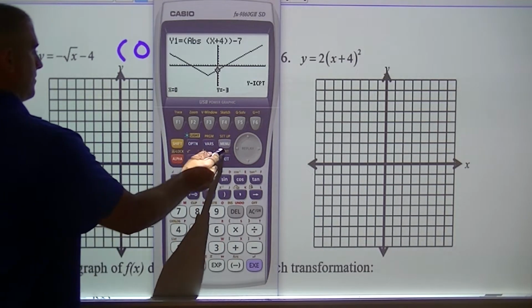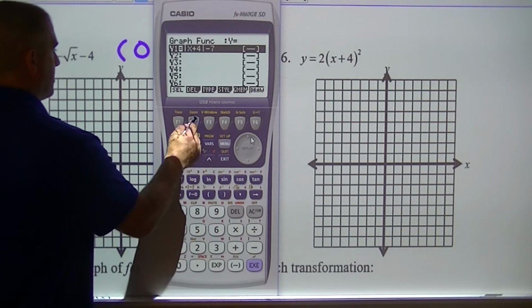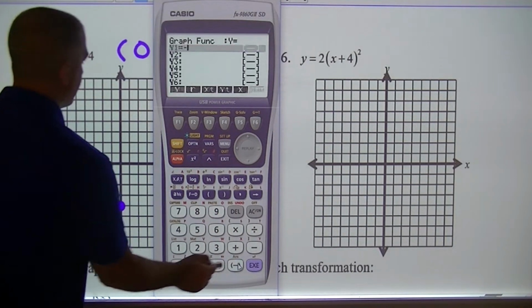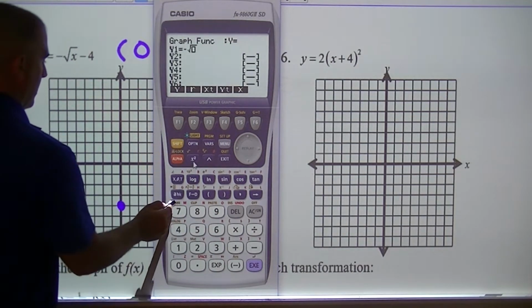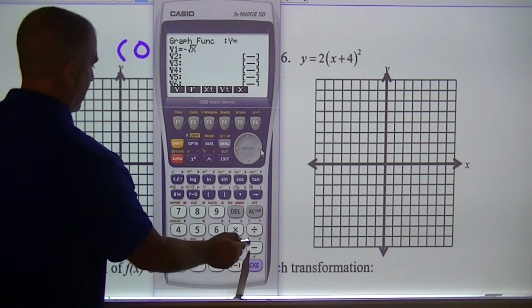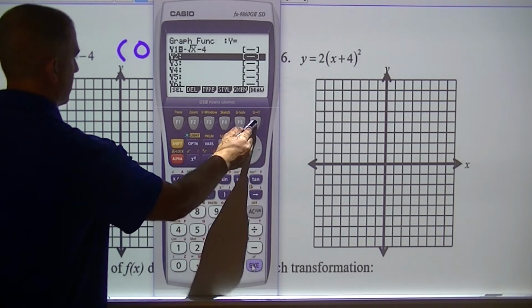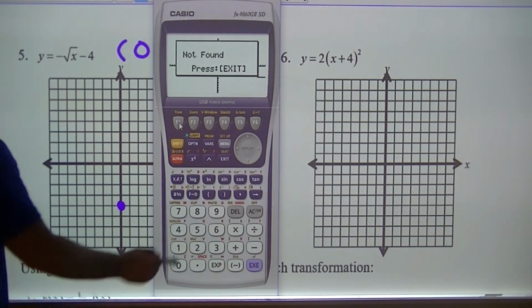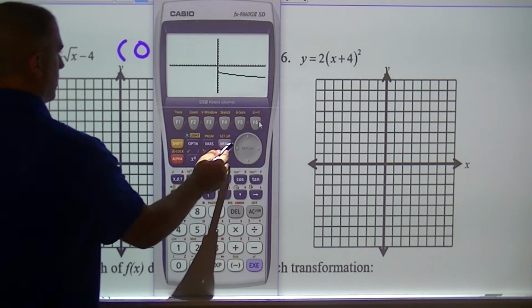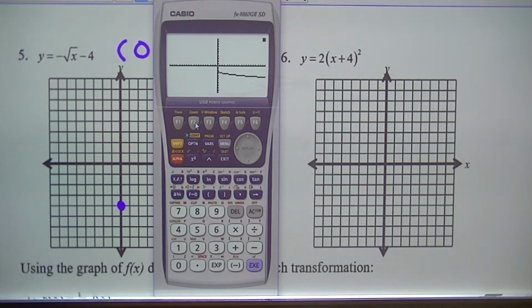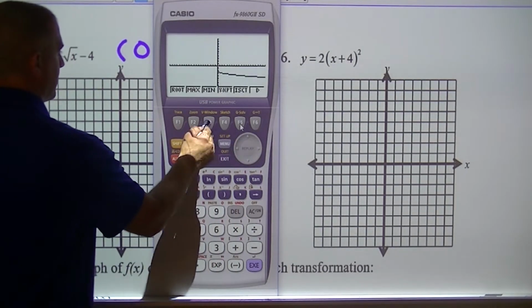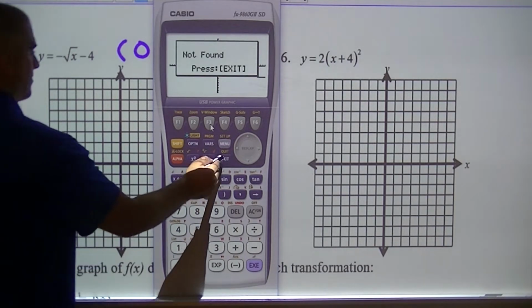So what I want to do is go in and delete these. I'm going to do negative square root x. Outside I got a minus 4. G solve root, I have no root. G solve max, I have no max. G solve minimum, I have no minimum.